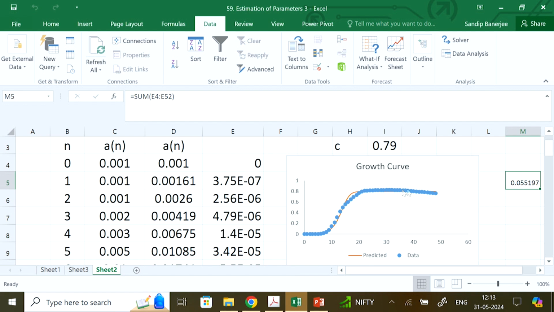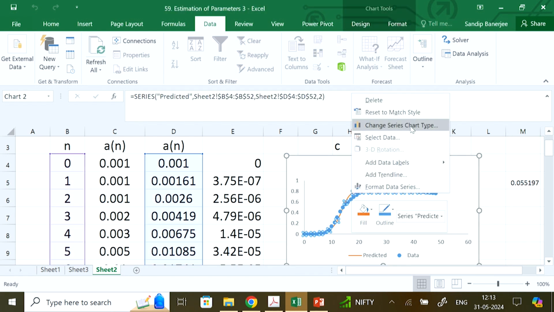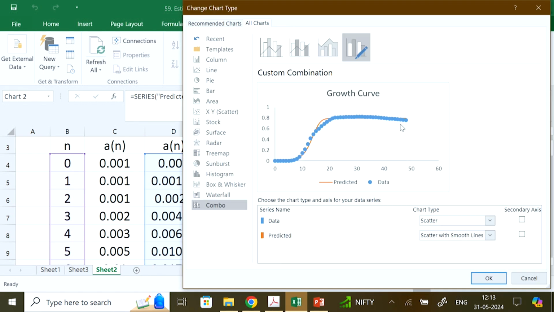Because this is embedded here, you cannot see it clearly, but let me see if I can change the chart type.